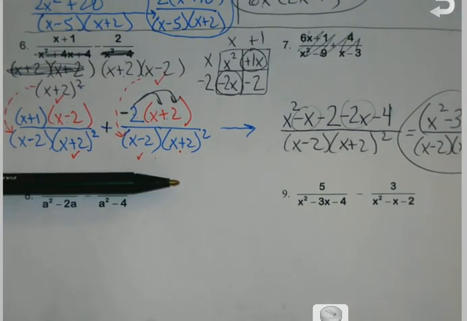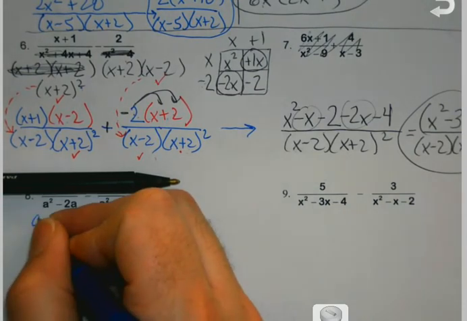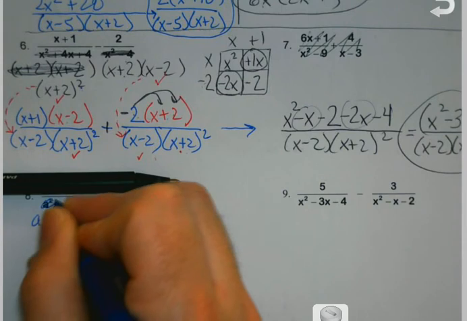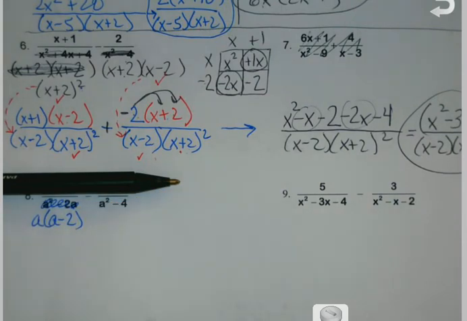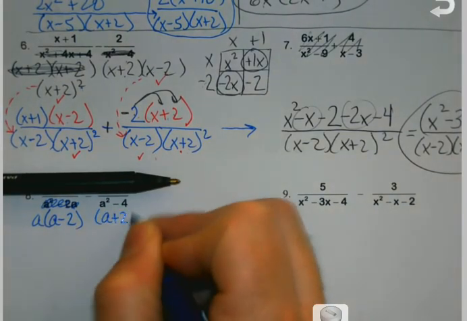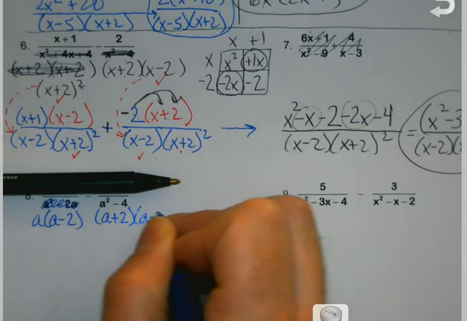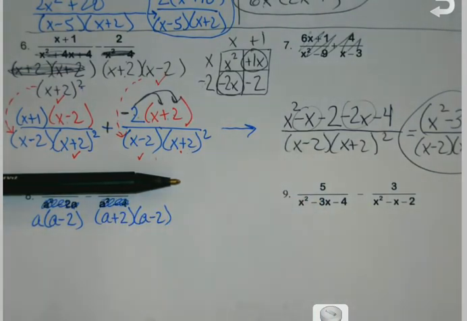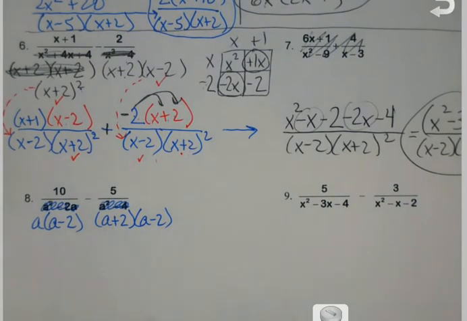So again, my first job, look at the denominators. If I can factor them, even if it's just taking out a common term, I do that. But I've got to be able to recognize things like difference of squares. Because if I forget that part, I could make my LCD a lot harder than it needs to be. So I get that factored out.